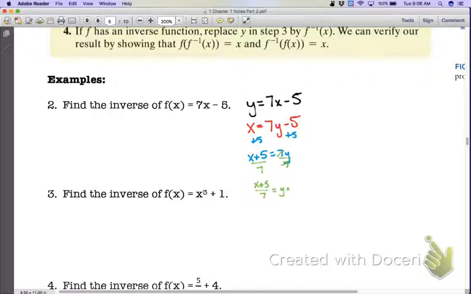Or you can write it as f to the negative 1 power of x. That's another way to write the inverse of a function. So the inverse of the original function is f to the negative 1 power of x in the parentheses. I'm okay with you leaving it as x plus 5 over 7.